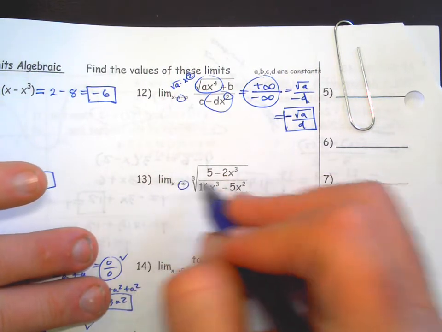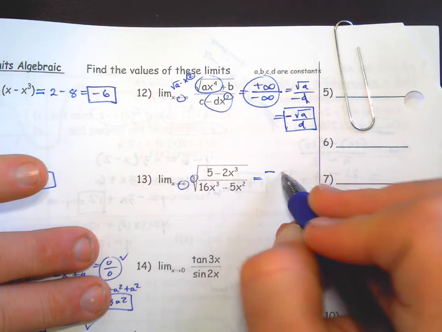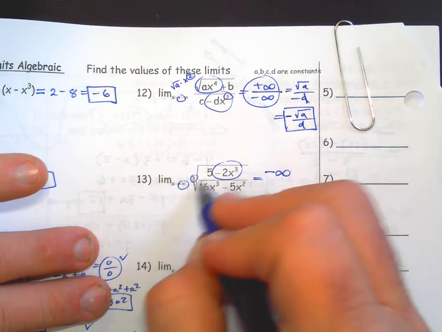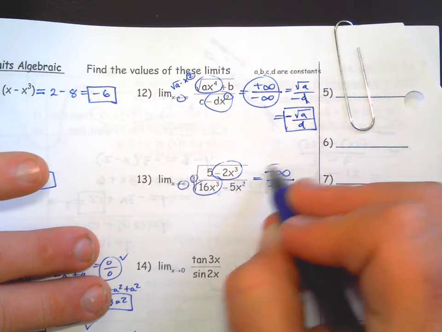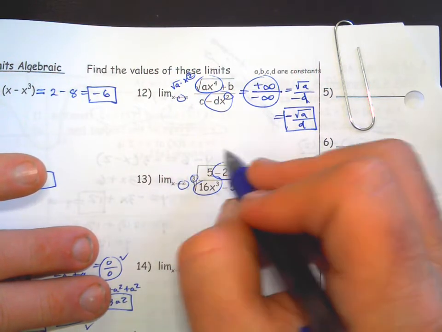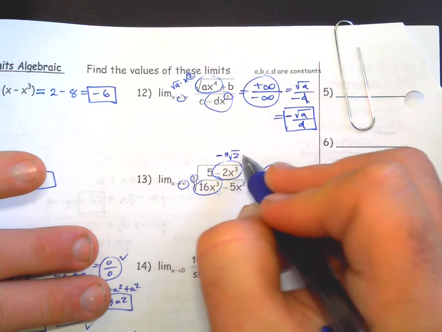This is infinity. This is a cube root. This is going to be negative infinity on the top. You can take cube roots of negative numbers. That's the dominant term. This is the dominant term at the bottom. It's going to be a positive infinity. So we should get a negative answer. And these are the dominant terms. So that's going to be negative cube root of 2 times x.